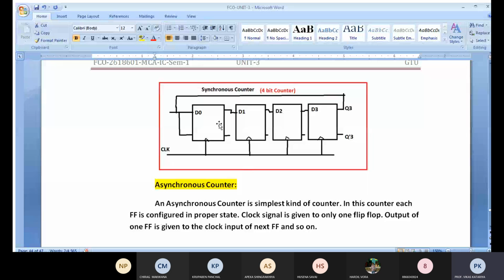So it is fast in nature because it takes the clock pulse simultaneously. It is fast as compared to an asynchronous counter. It is a 4-bit counter which generates 4 states continuously using one clock pulse.